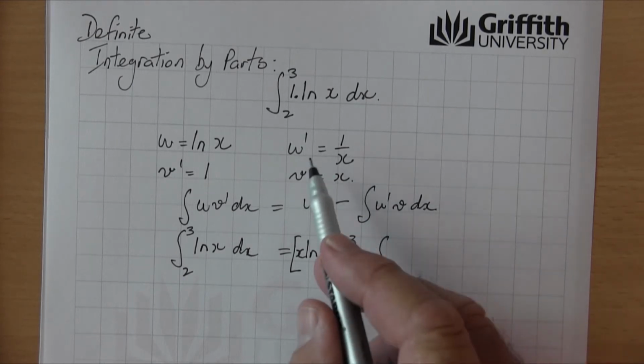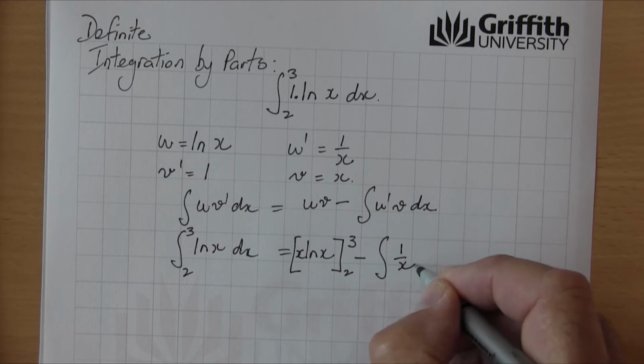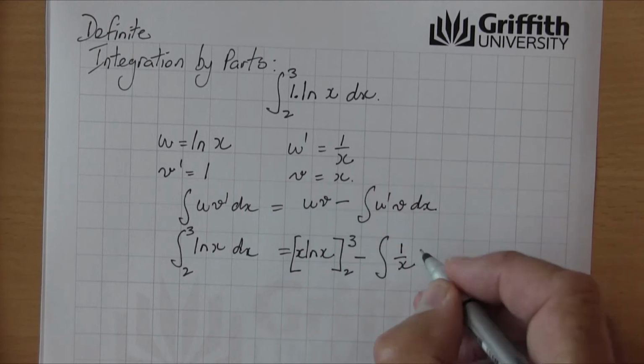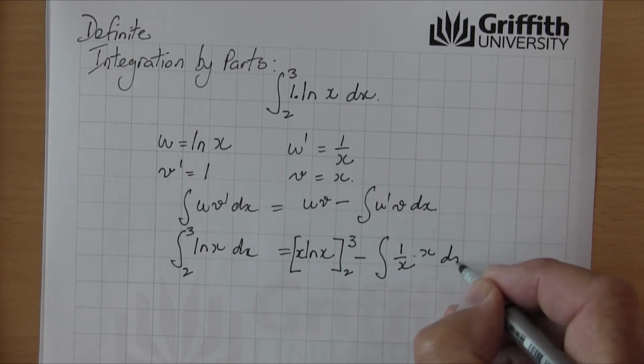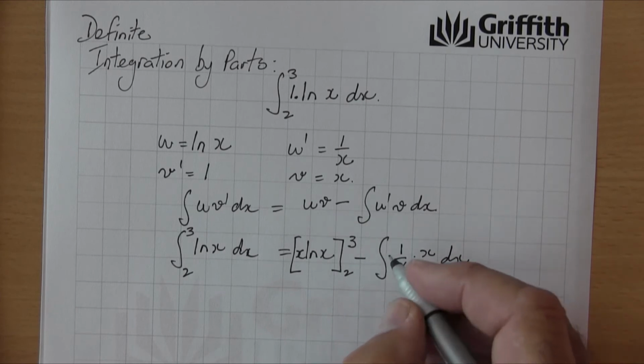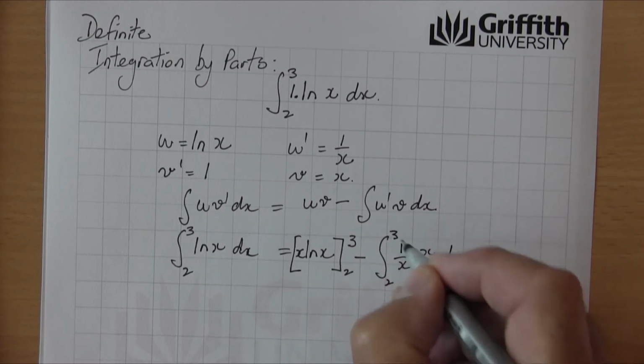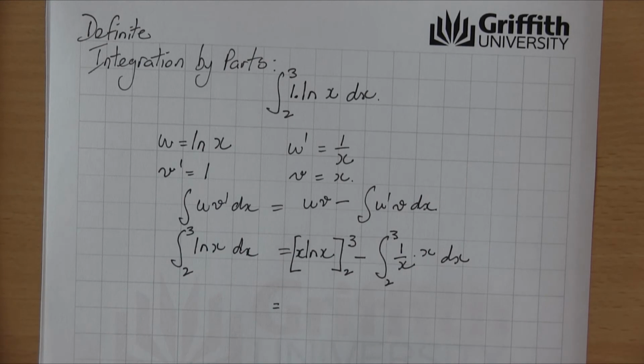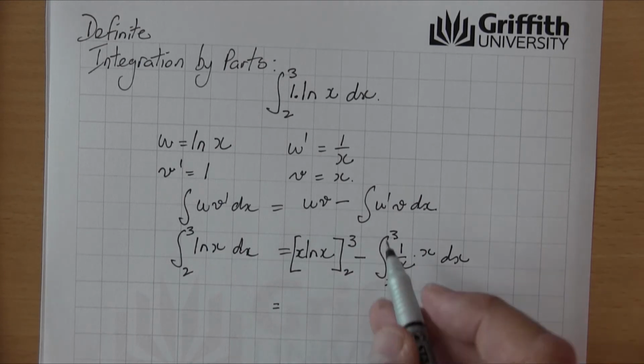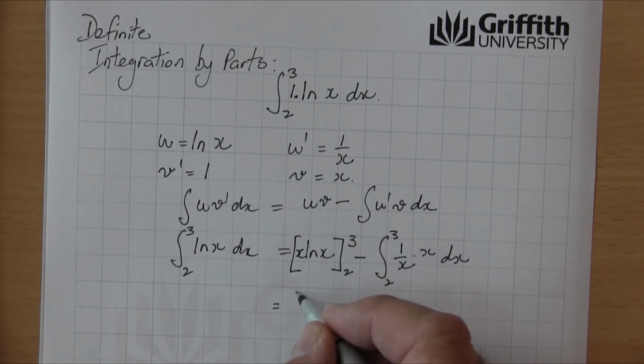u dash is 1 on x and v is equal to x dx, and that is between also 2 and 3. Okay, I'll just leave this as is and we'll work that out in a minute.